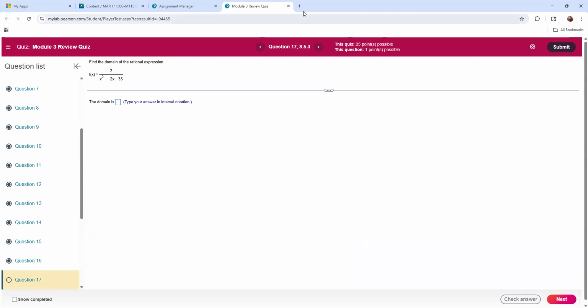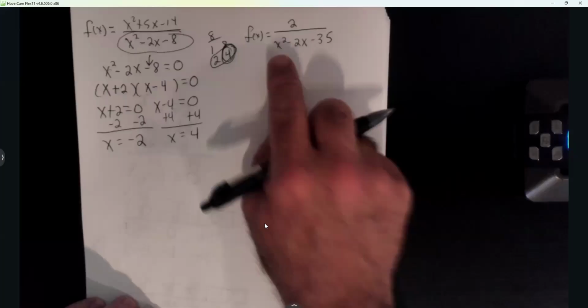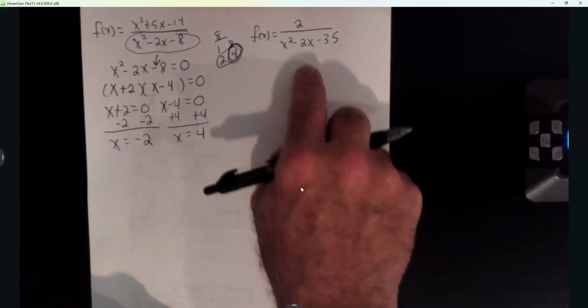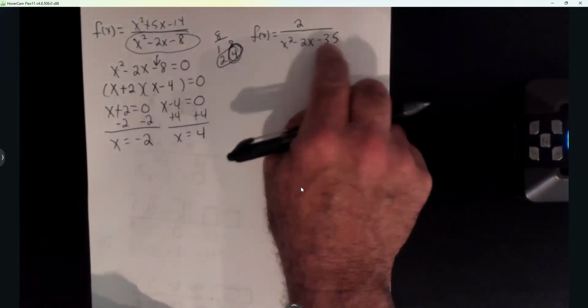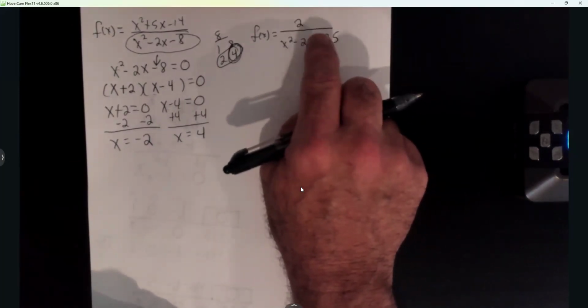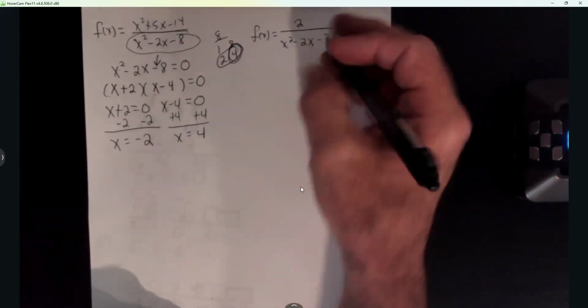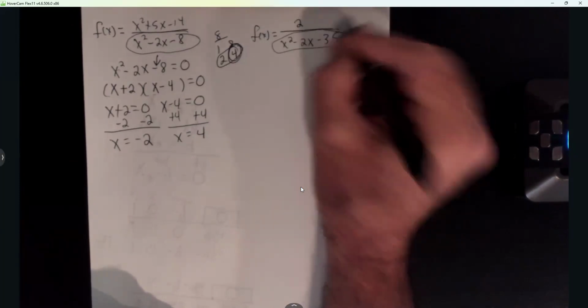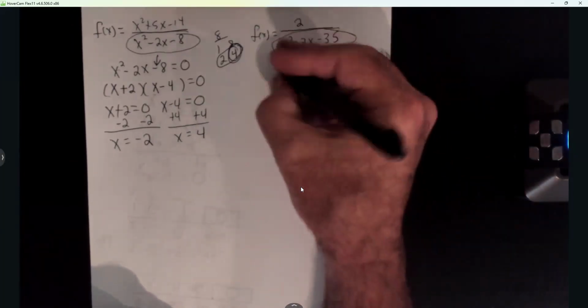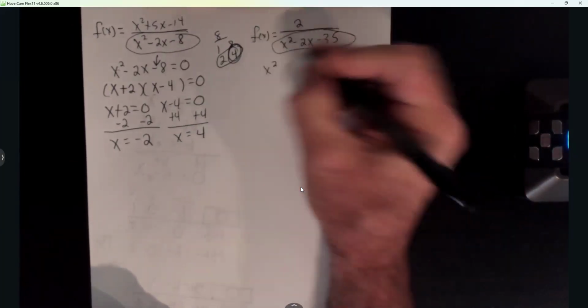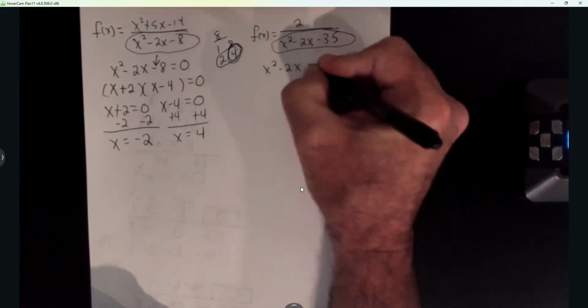But what's nice about this is in the domain, we're only going to kick out numbers that make this undefined. So we pretty much do this the same way we did these vertical asymptotes. We're only concerned with the bottom of this fraction, okay? And it cannot equal 0. So that means we'll set it equal to 0 and solve it to get our numbers.